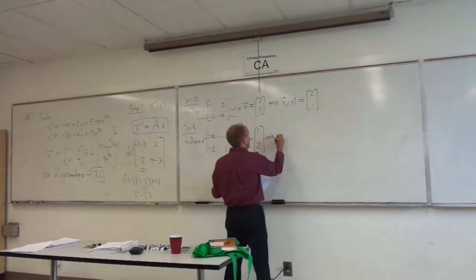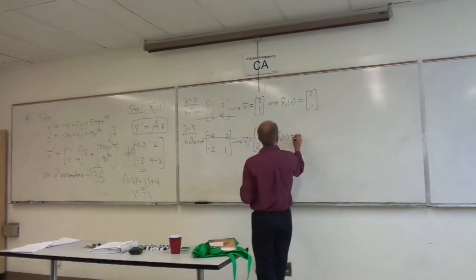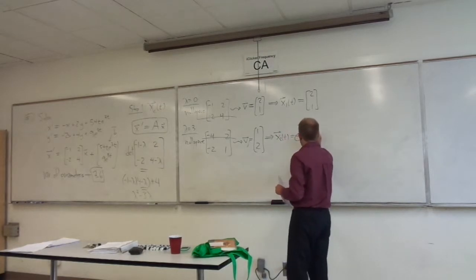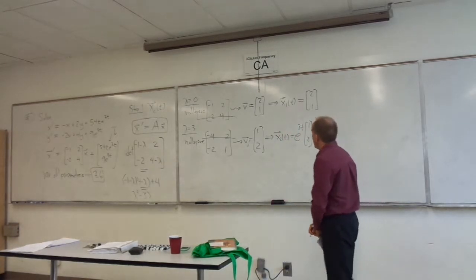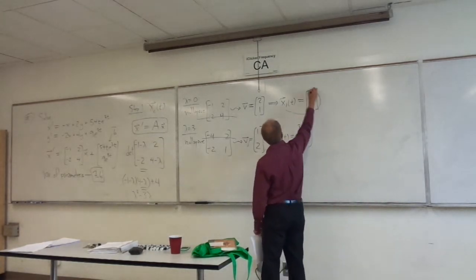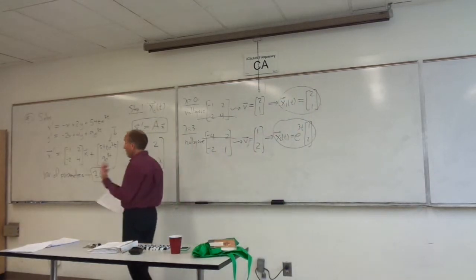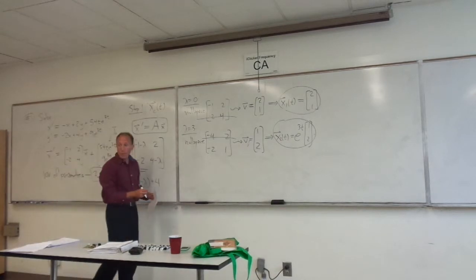So I get a second solution now. Second solution is e to the 3t times 1 and 2. Okay? Great. So you can now take these two solutions and write down the complementary function. So we're just about done with step 1.